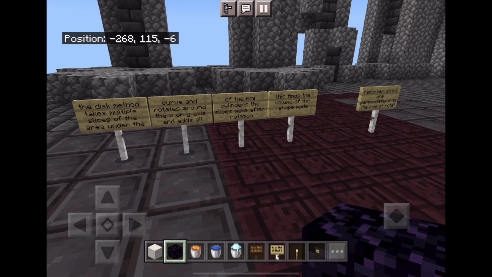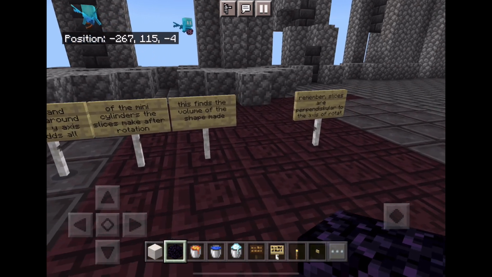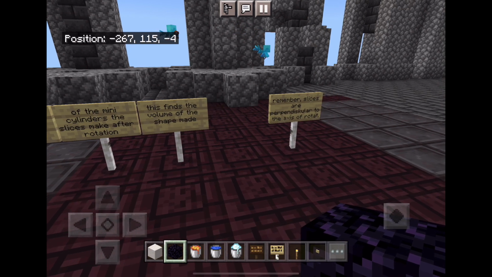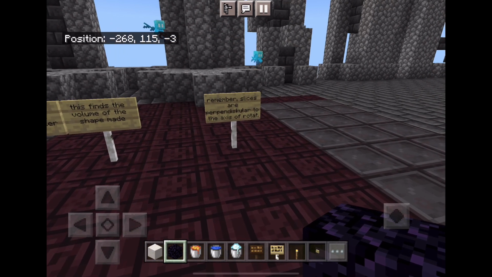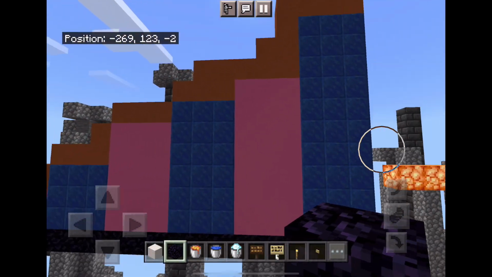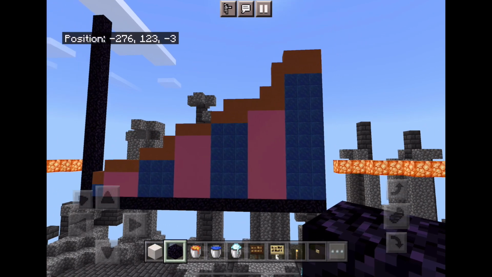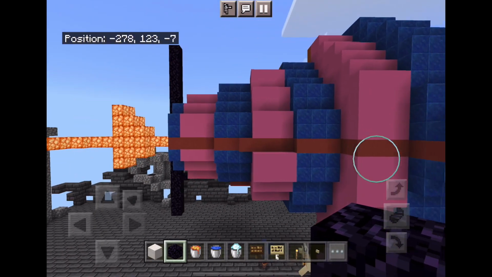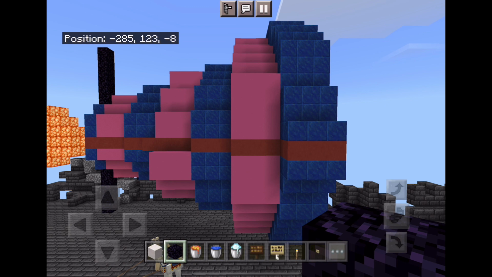It adds up all those tiny cylinders that it makes after rotation, and as you move towards infinity, the shape will get smoother, and you can find the volume of that shape using integrals. Just a reminder, the slices that you take, as shown, are perpendicular to the axis of rotation. So I have up and down strips, and that's how they rotate.